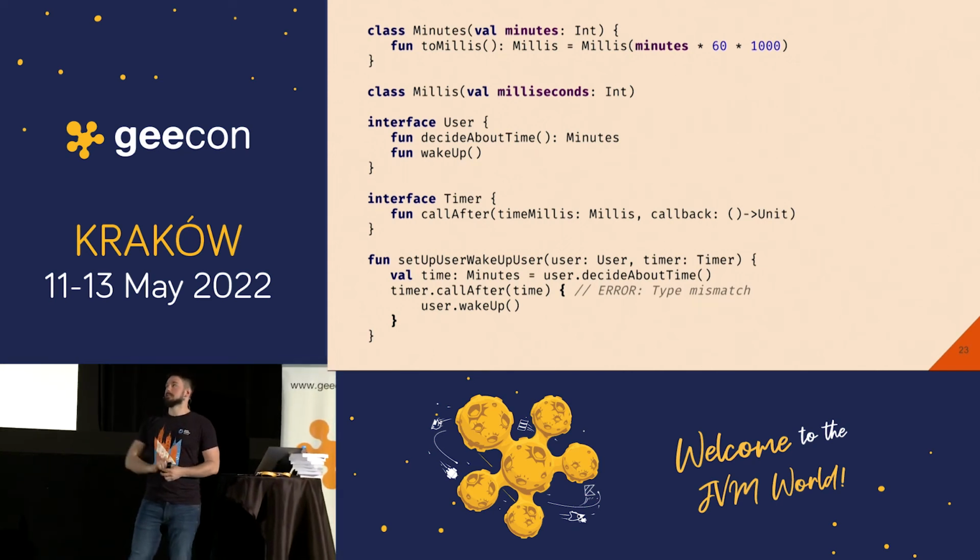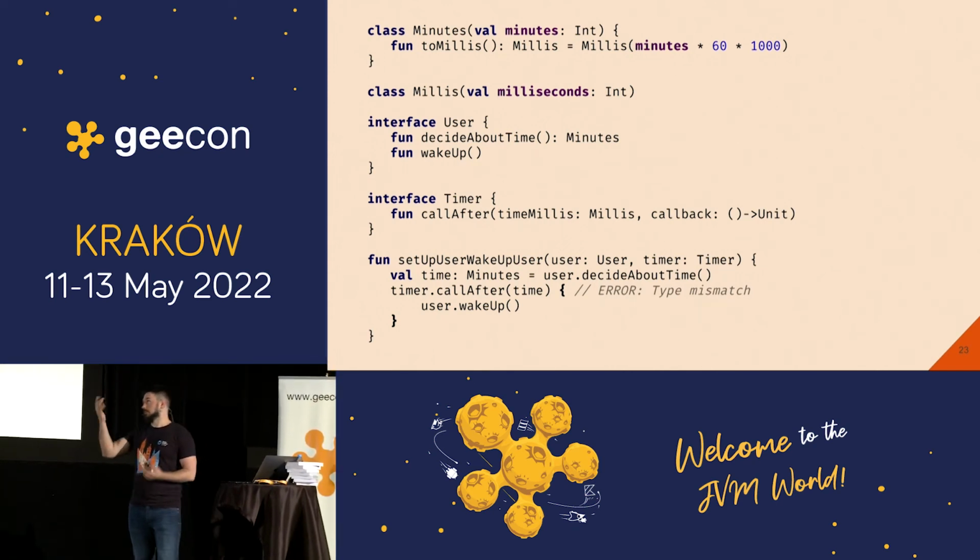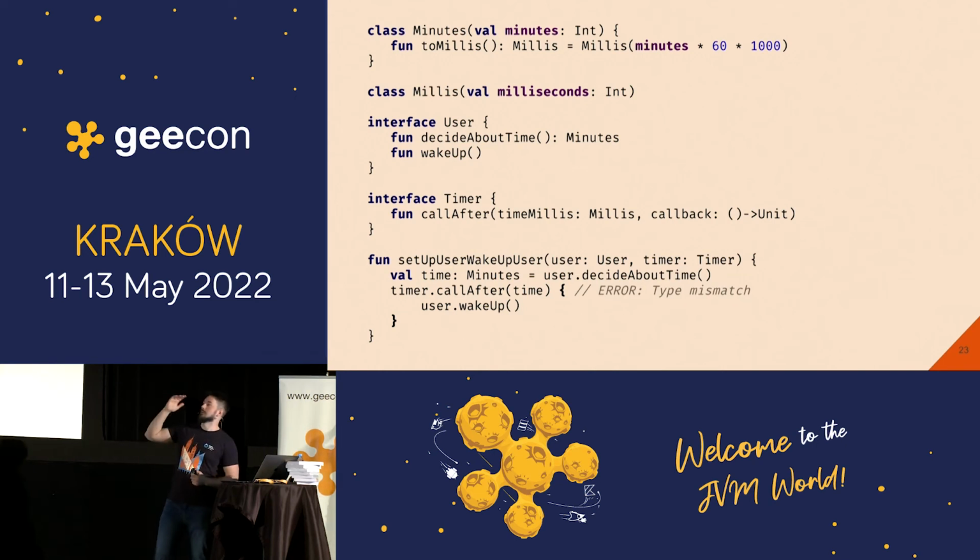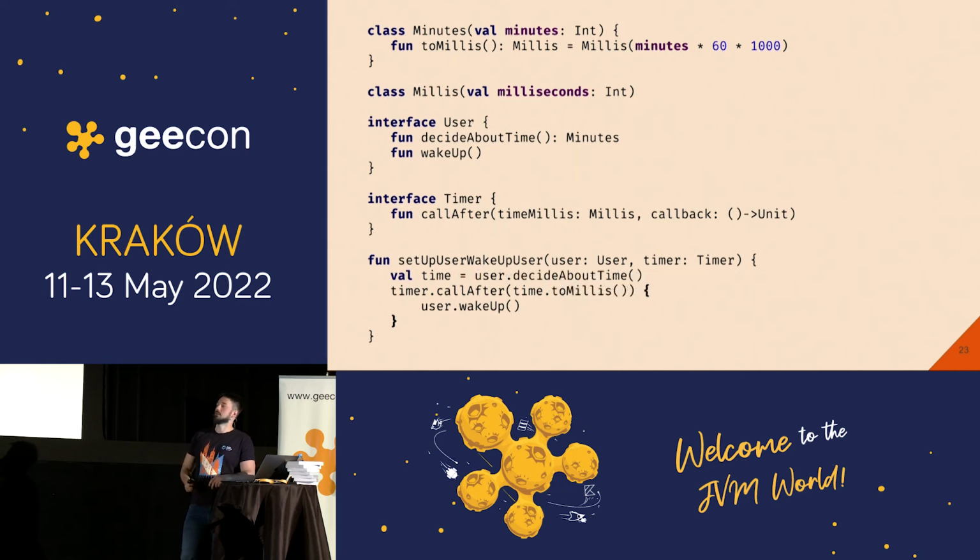Using classes is a good solution because it forces us to transform the type when the type is not matching. So you are forced to transform it into the correct type here. Okay? We solved safety problems, but at the expense of creating unnecessary objects.